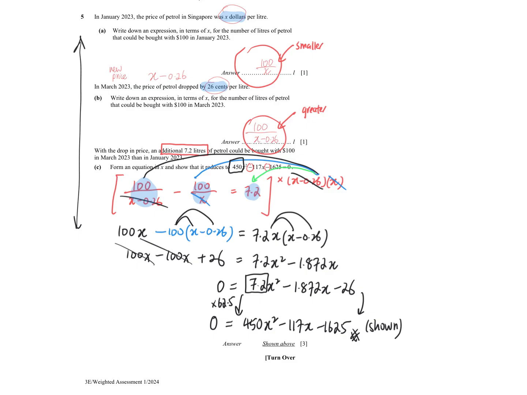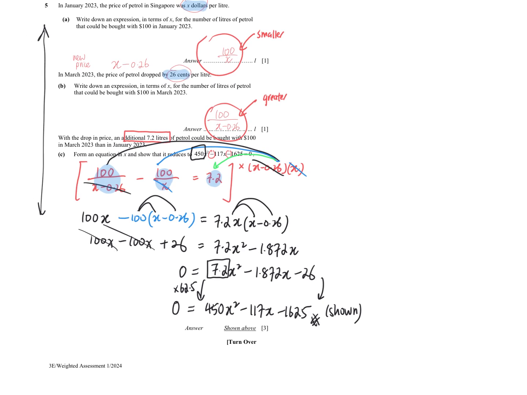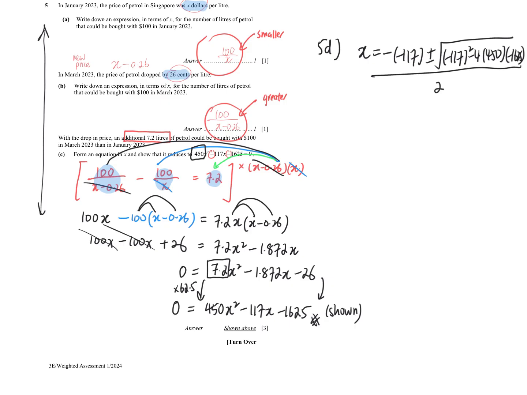Last, oh no, still need to solve. Solving, I don't know why some of you got it wrong. It's such a waste. Solving, just use the quadratic formula: negative b plus or minus square root of b squared minus 4ac, over 2a.